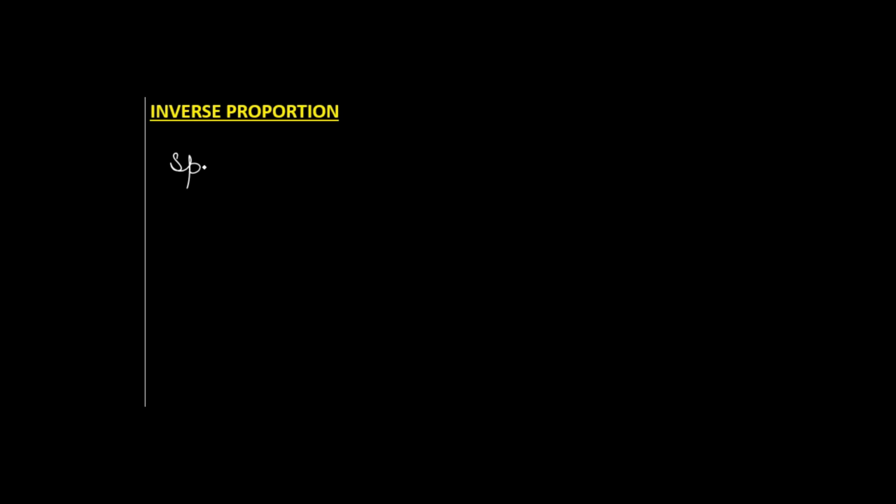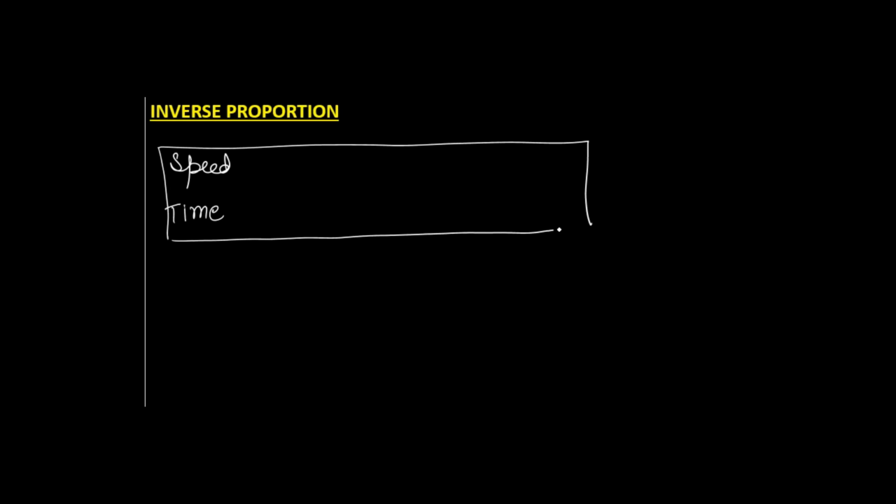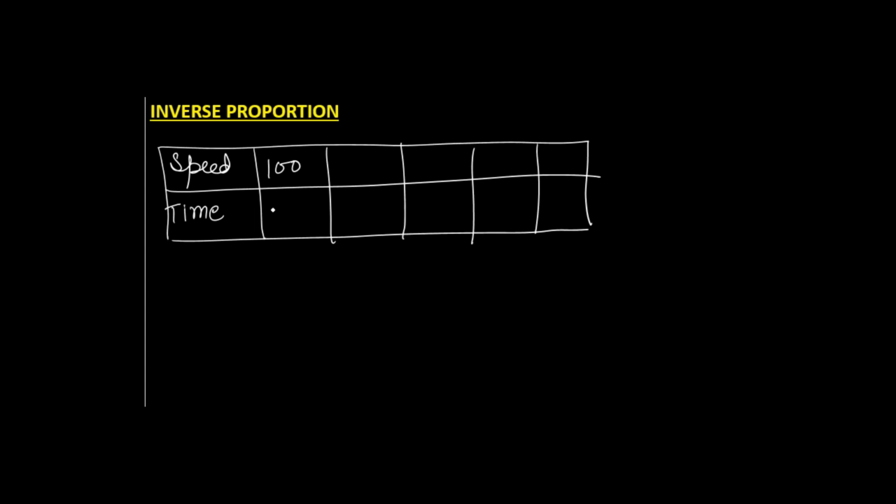So we have speed in kilometers per hour and we have time taken by the car to cover a distance of 100 kilometers. We have seen that when the speed was 100, time taken was 1 hour.